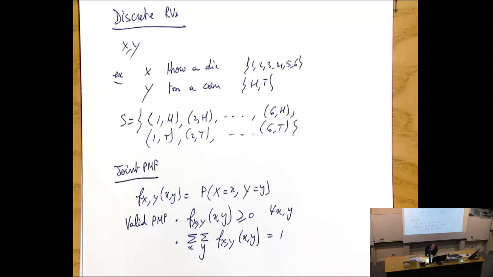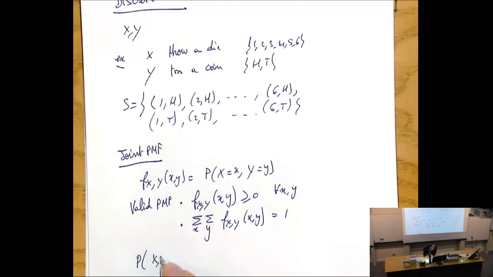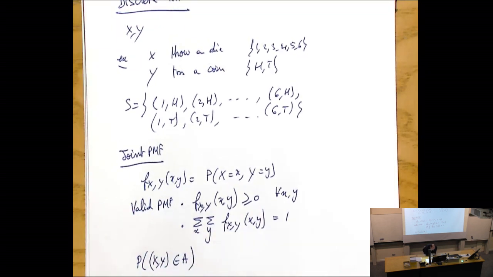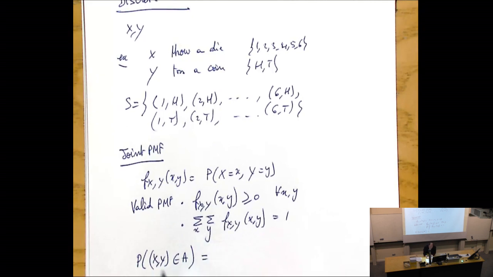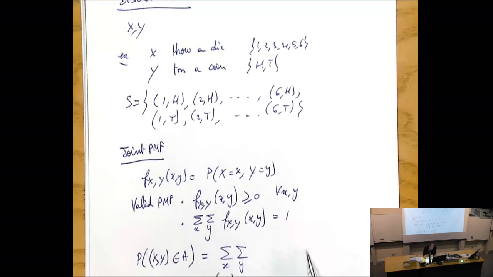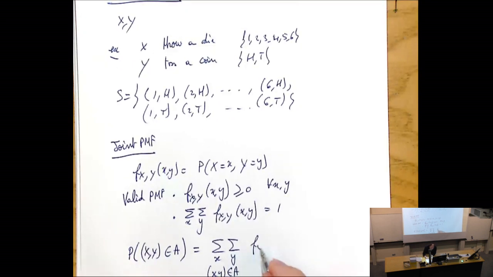Good. So if you're looking at the probability of a certain event occurring, I have a certain A here, and I'm wondering what the probability is that it will occur. This is essentially a sum over all possible x and all possible y, such that the pair xy belongs to a certain domain A, of this joint probability mass function.